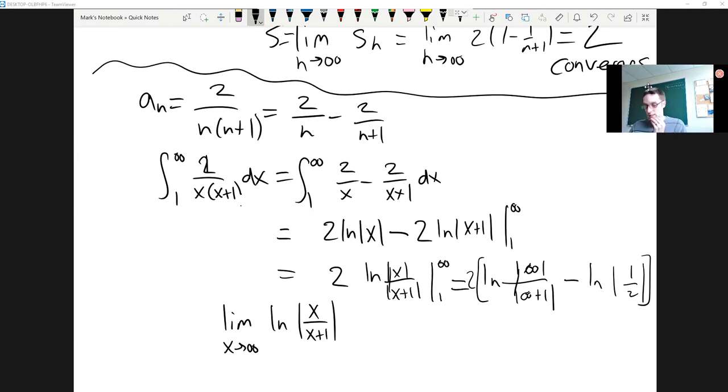And in fact, you can show that that thing inside of the log is going to approach 1. And we can do that by just pulling the log part, which doesn't depend on x, out of our limit. And if x is going to infinity, the absolute values really aren't necessary there.